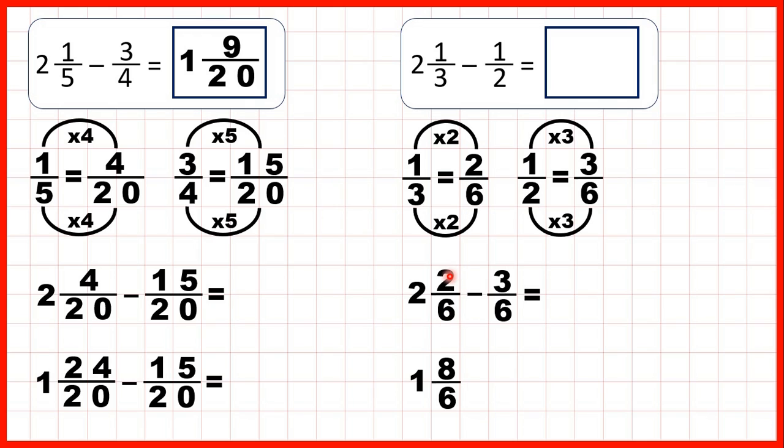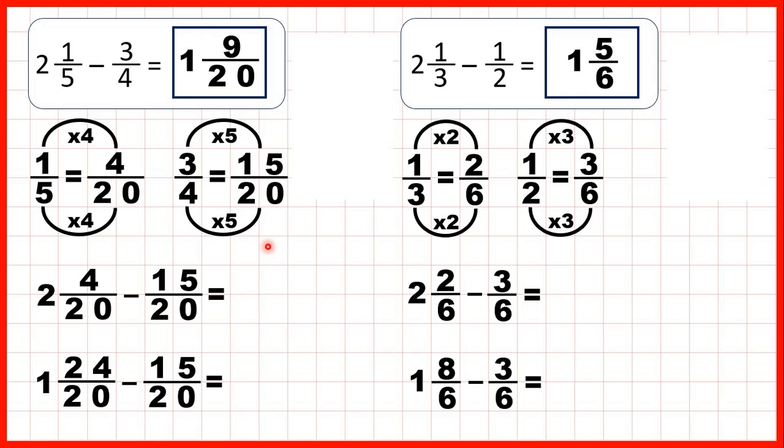So 6 plus 2 is 8, the denominator stays the same, so 1 8/6 is the same as 2 2/6. But now we can subtract 3/6. The denominator stays the same, and 8 minus 3 is 5, so that's 5/6 as our fraction, and 1 whole minus nothing is 1 whole, so our answer is 1 5/6.